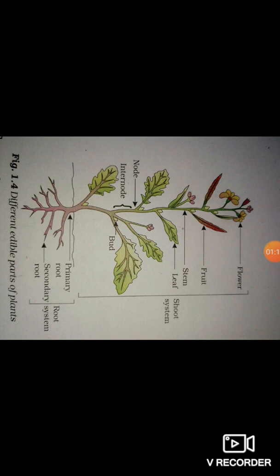You see in this diagram the root system and shoot system. The root system is the underground system. The root provides stability and nourishment to the whole plant body, and the shoot provides growth and bears the fruiting conditions.